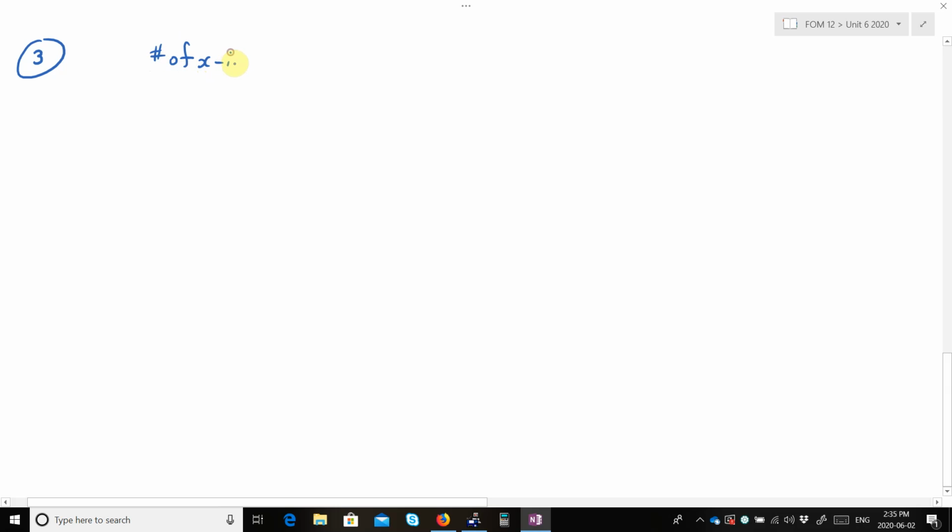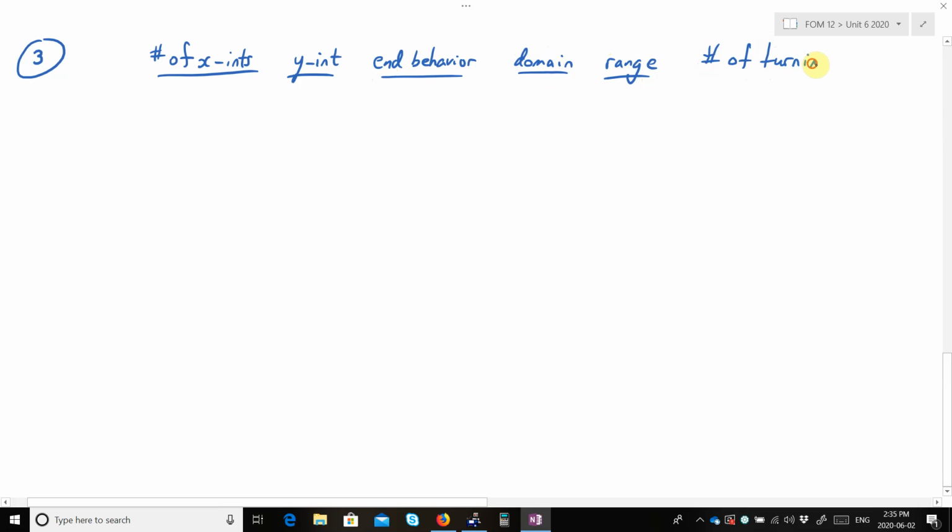It wants the y-intercept, the end behavior, domain, range, and number of turning points.